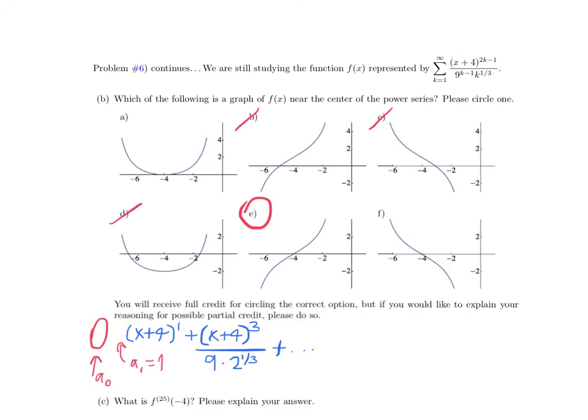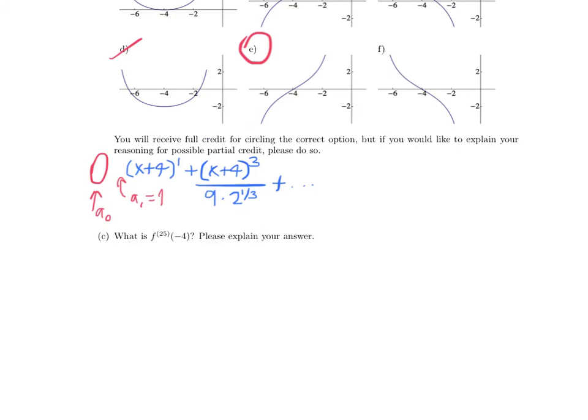And then matching accordingly. It asks us what the 25th derivative of f is evaluated at the center. And of course, we just need to figure out what the k value is for when x plus 4 is raised to the 25th power. We can tell by looking at our equation for our terms that k has to equal 13 in order for x plus 4 to be raised to the 25th power.